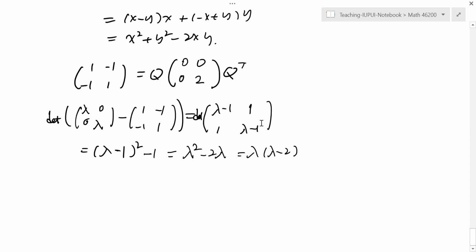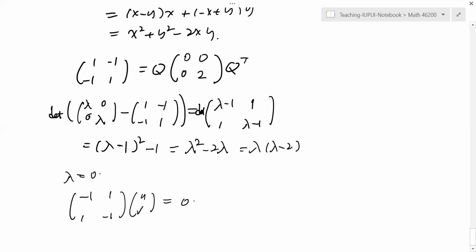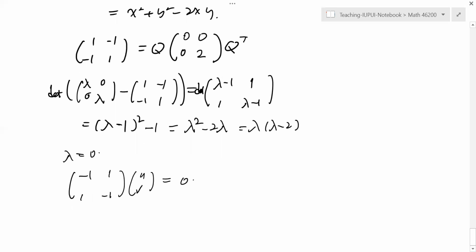Okay, so when lambda is 0, right? I just need to find the eigenvector, so it's going to be -1, 1, -1, and UV, right? That's supposed to be 0. This will be the eigenvector.